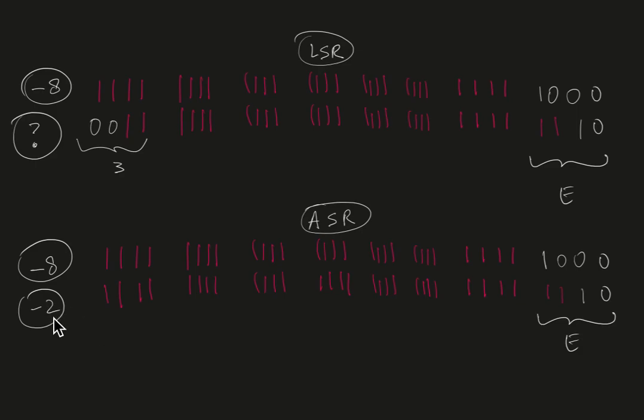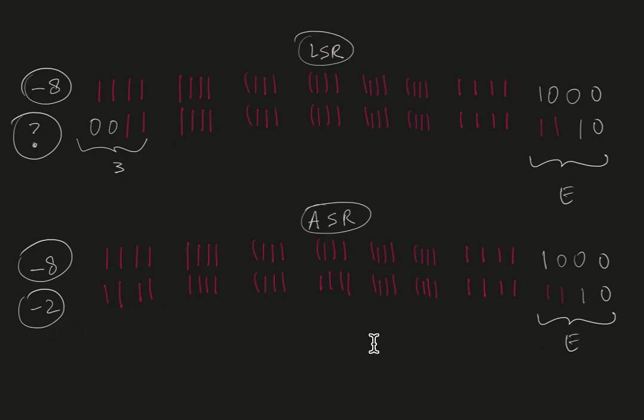Try to see how you can represent -2 in negative binary, right? So you will come across the exact same representation. And this tells us that when you have -8 and you are shifting 2 bits to the right hand side, meaning you're dividing it by 2 to the power 2, which is 4, -8 divided by 4 should give you -2, which is what we get.